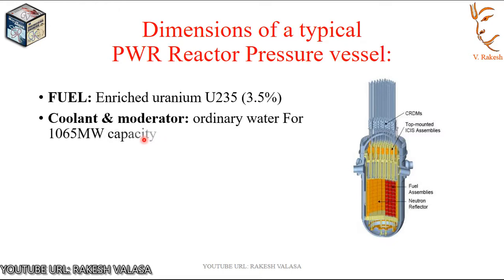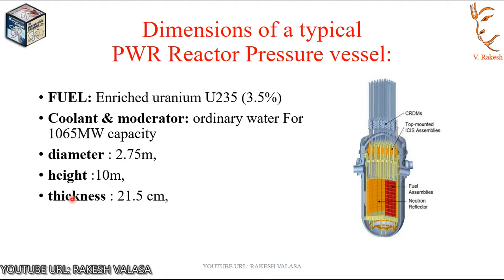Coolant and moderator are ordinary water for 1065 megawatts capacity. Diameter of the pressurized water reactor is 2.75 meters. Height is 10 meters. Thickness of the pressure vessel is 21.5 centimeters. Weight of the vessel is 900 tons.